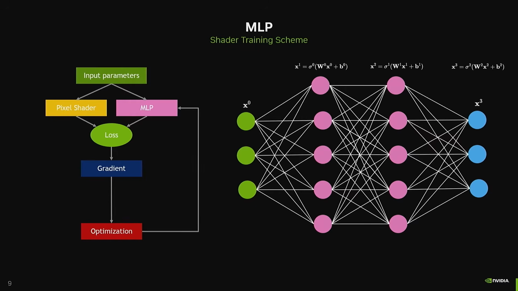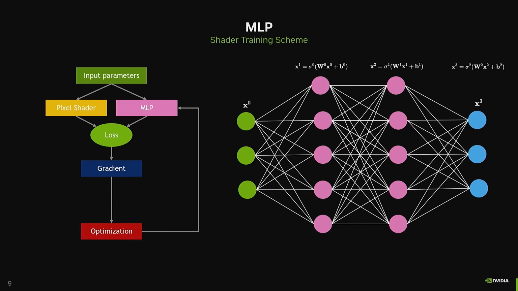Using that value, we calculate a gradient for the loss function. Then we pass that gradient to the optimization part that actually makes the correction to the MLP parameters. Training itself is, in machine learning, typically organized in epochs and batches.